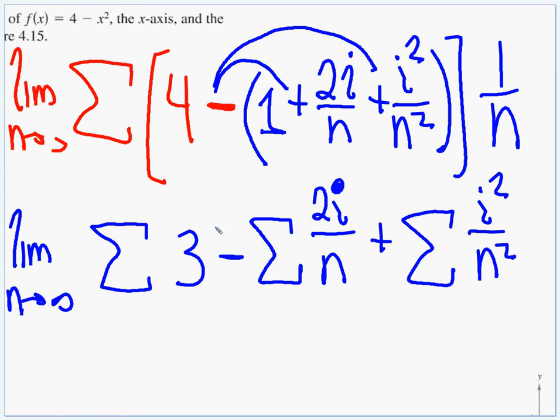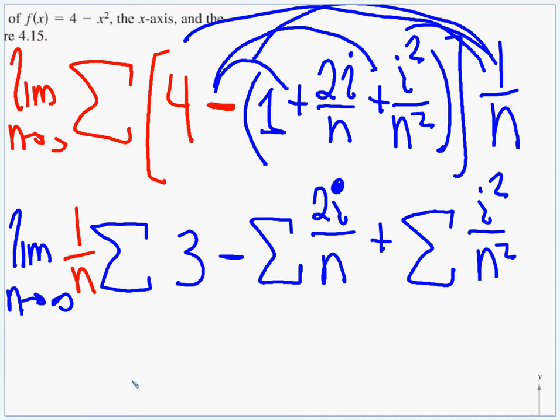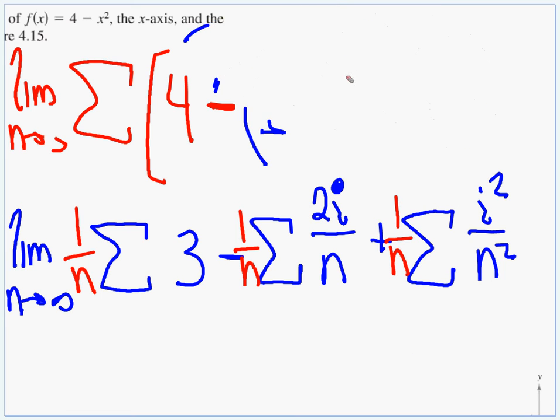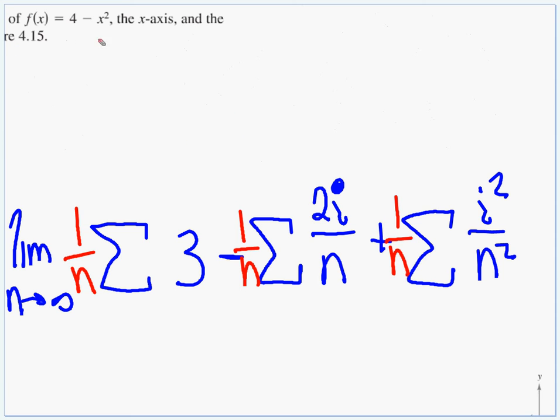And what I should have done is put a big set of brackets so we could have the 1 over n out there. Or this 1 over n, we could just distribute it from the left. So each of these, let me switch to red ink, will have a 1 over n on the first summation. We'll have a 1 over n on the second summation. We will have a 1 over n on the third summation. Okay.